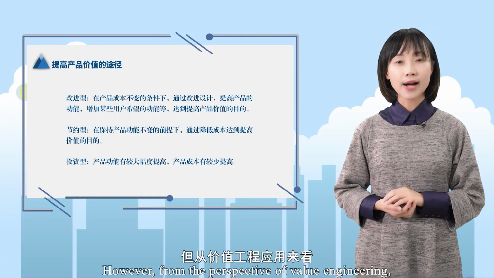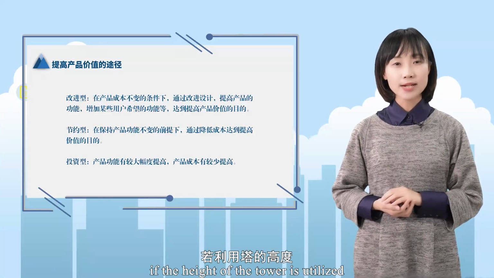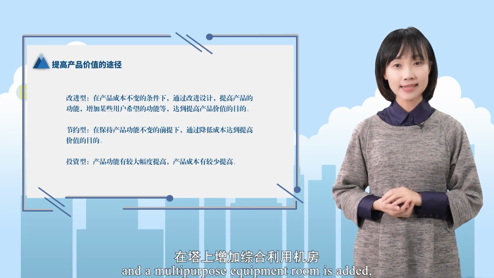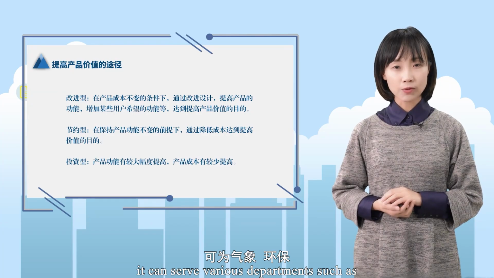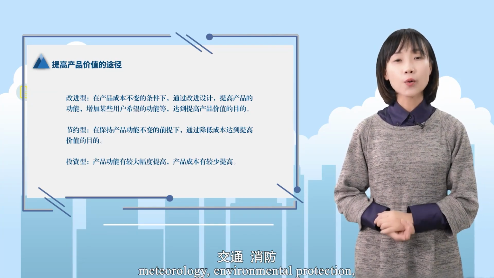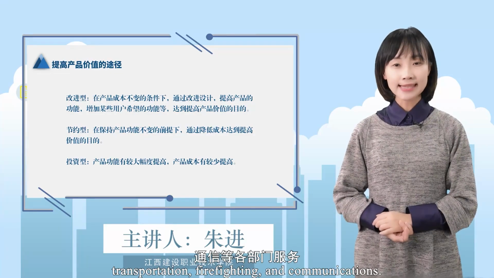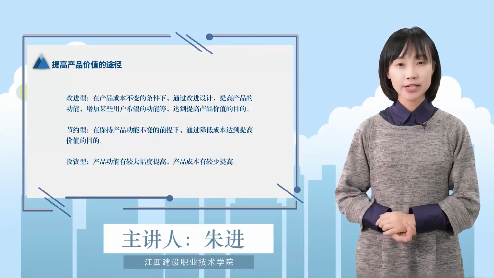However, from the perspective of value engineering, if the height of the tower is utilized and a multipurpose equipment room is added, it can serve various departments such as meteorology, environmental protection, transportation, firefighting, and communications.